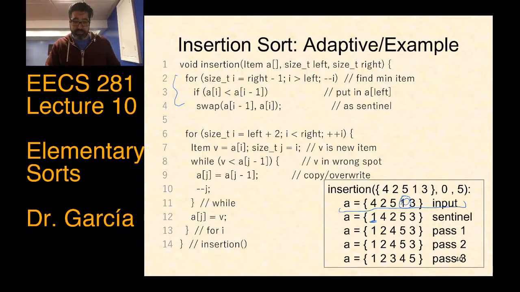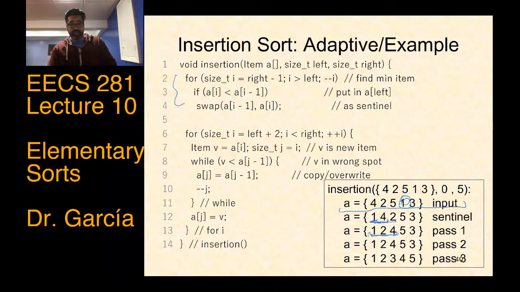So it would not check the rest of the array. It would just check 4 and see that there's really nothing to do there. After I place 1, the next pass will include 2, right here. Now this is the sorted section, which means that I would move the 2 to the second position and the 4 to the last position.